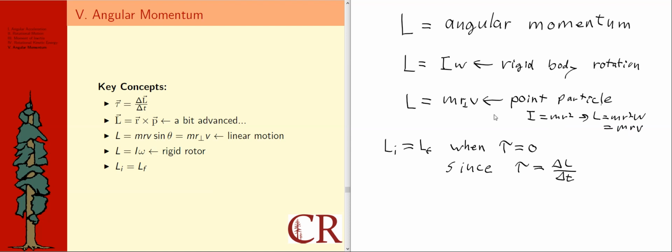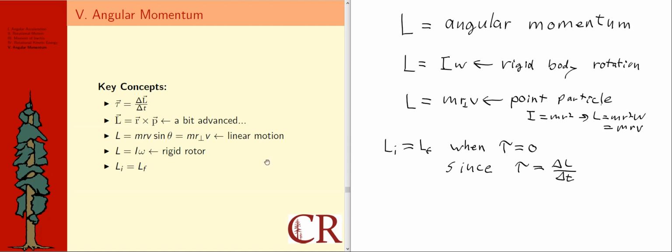And in that type of situation, this little subscript here for perpendicular winds up not really having any meaning, because if a particle is rotating in a rigid way around a rotational axis, then r being by definition the distance between the object and the rotational axis, that's going to be by definition at right angles to the tangential velocity it will have. So in that situation, you wouldn't need that perpendicular.